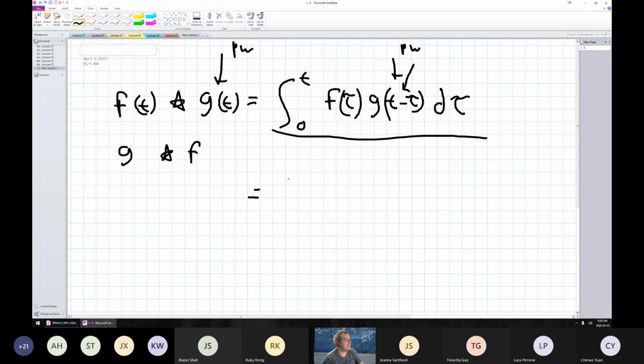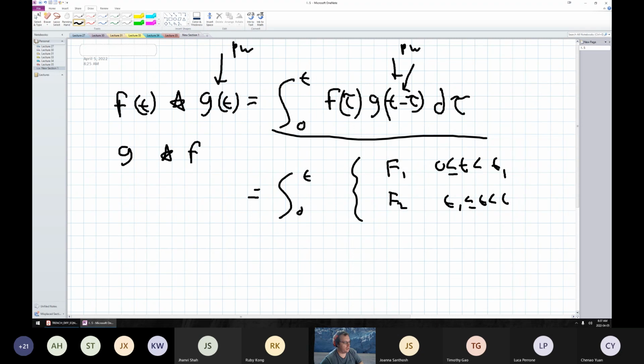So at the end of the day, you'll have something with branches. It might be, say, capital F1 if tau is less than or equal to 0, less than, say, t1. And it'll be F2 if I'm between t1 and t2, and so on up until Fn, where I'm greater than or equal to Tn.